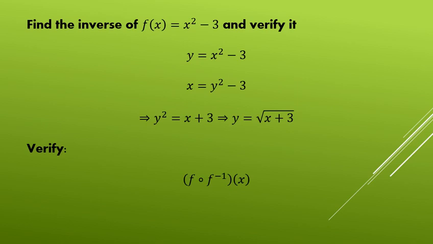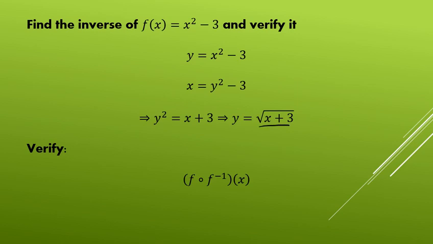So f composed with f inverse. As a bit of a recap of taking compositions, I'm taking the inside function, or the second function listed here, f inverse of x. I'm having that entire thing replace any x's I have in f of x.